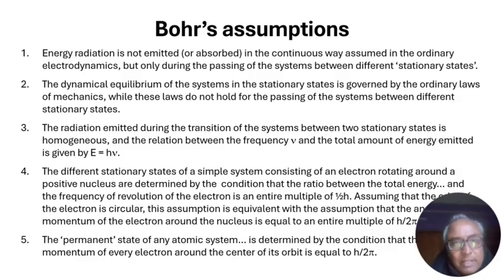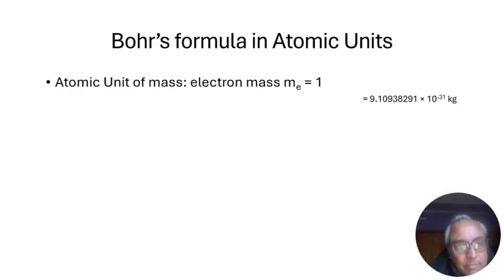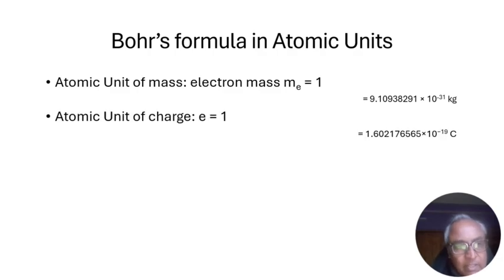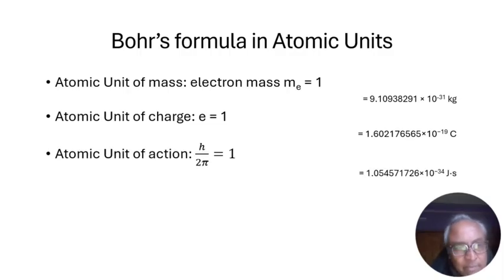We can now define, for simplicity, Bohr's formula in atomic units by defining the atomic unit of mass as the electronic mass, equal to 1, the atomic unit of charge, that is the electronic charge, which is equal to 1. The atomic unit of action is Planck's constant by 2 pi, which is set equal to 1.